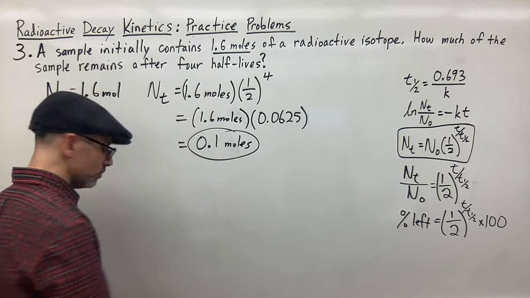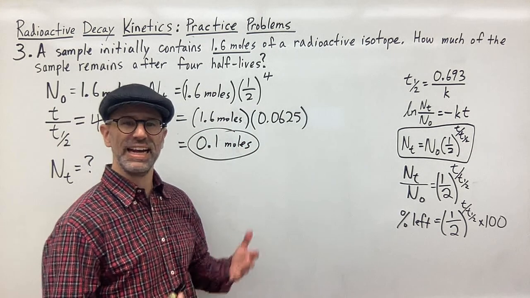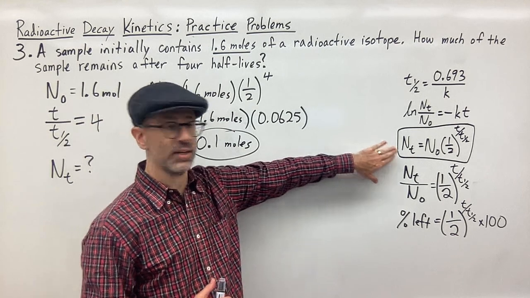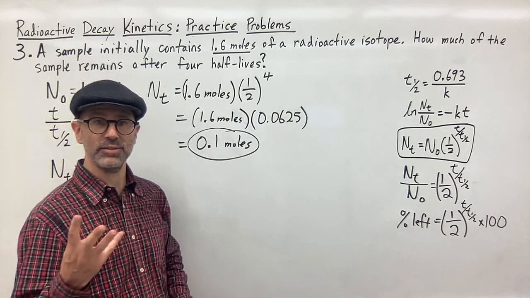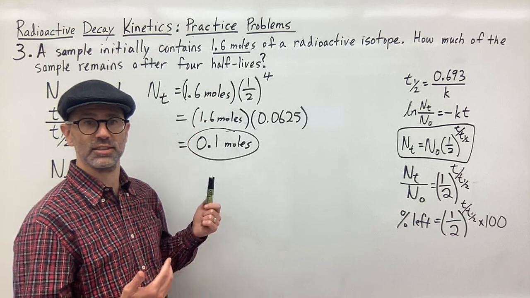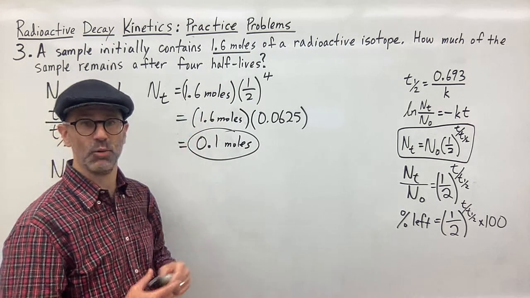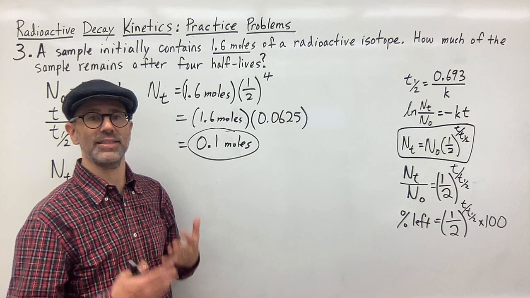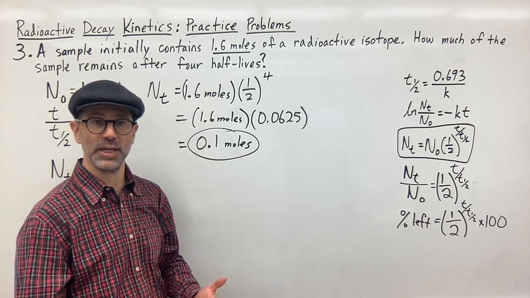Now, that's one way to do it, but I didn't have to do it this way. I actually did not have to use this equation, because notice that it says 4 half-lives. If you know what a half-life is, then you can just use that to figure out how much is left. Well, what is a half-life? A half-life is defined as the amount of time it takes for half of your substance to disappear.